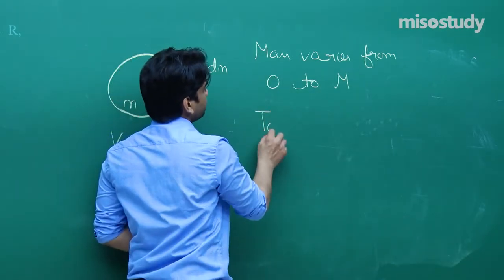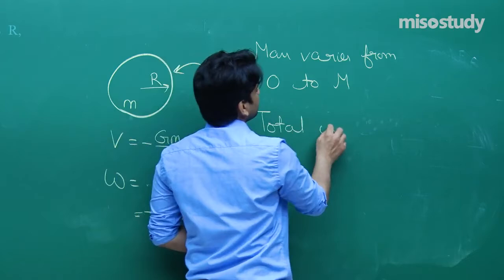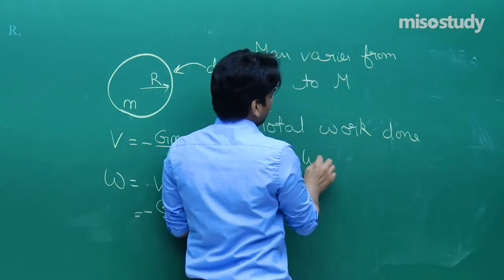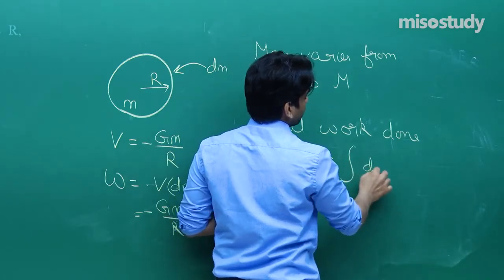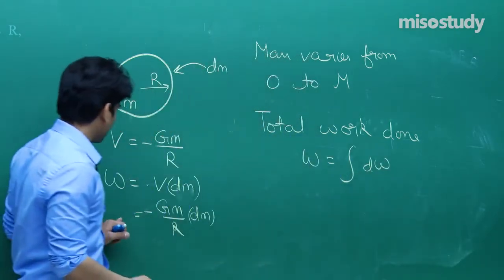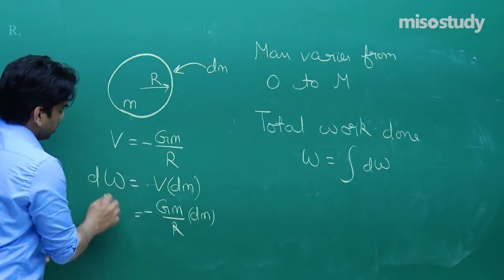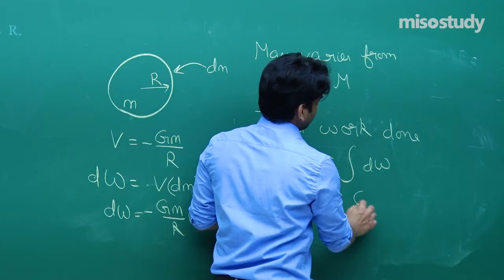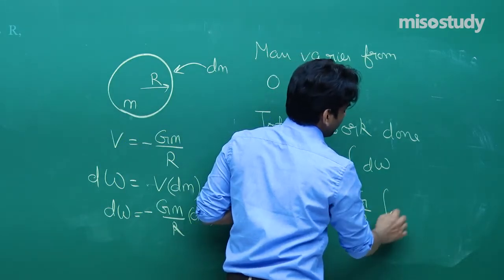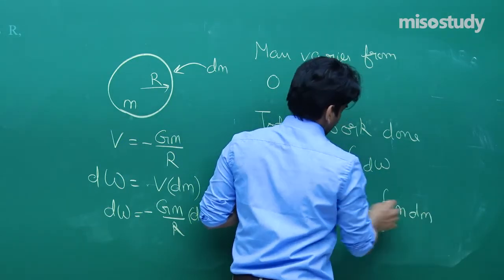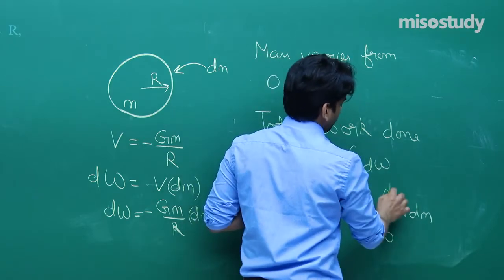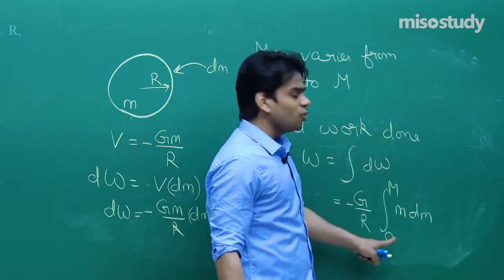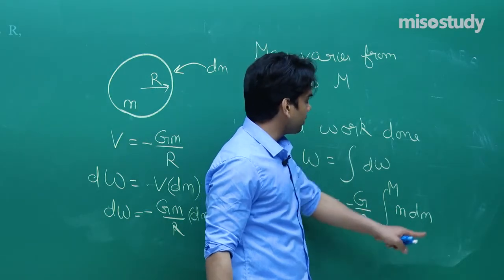So the total work done in assembling all the particles, W, is equal to the integration of such small work done, dW. That is what I have shown here, dW. Now we have to integrate this. So we will have G by R times the integration of m dm, negative, from 0 to capital M. Easily you can show that this will be m square by 2.